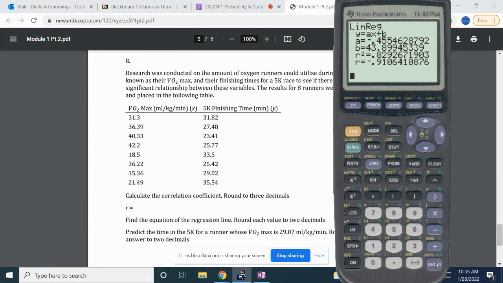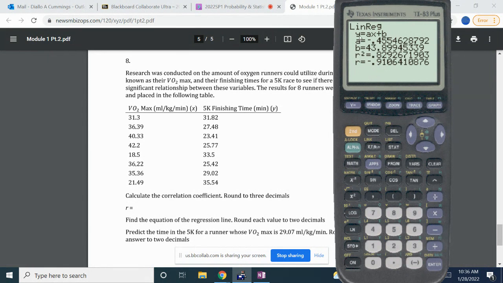I'm going to hit enter again, and I have the regression equation. I also have the correlation coefficient, and the correlation coefficient is negative 0.91. So our correlation coefficient is R, and we also have our regression equation.